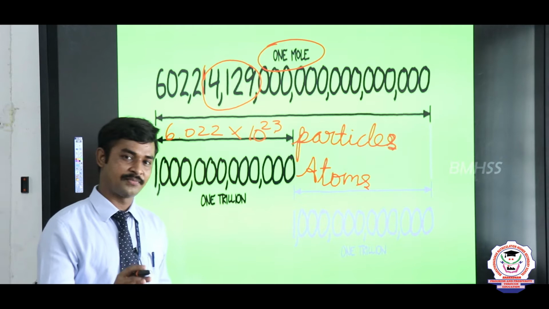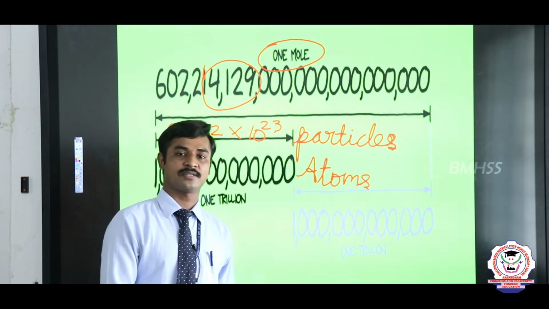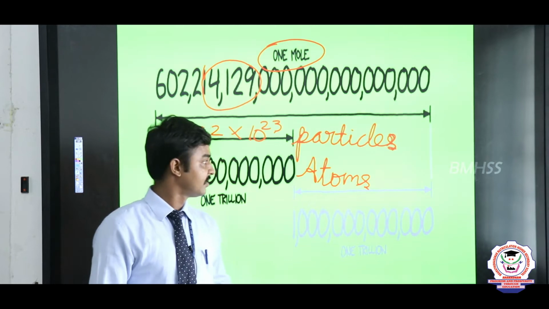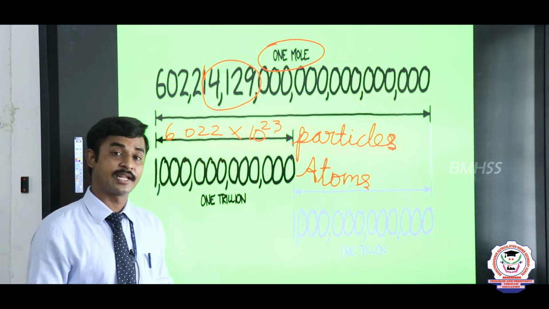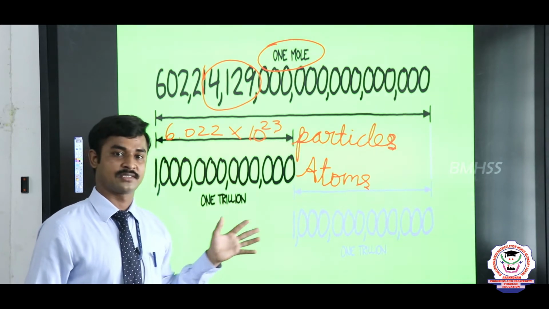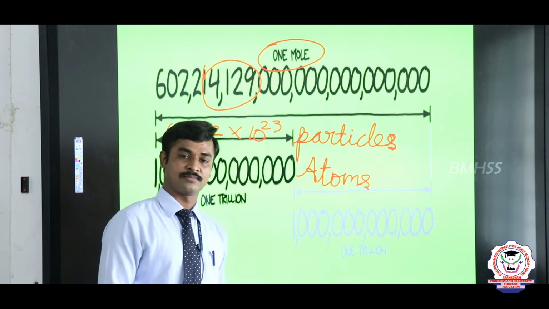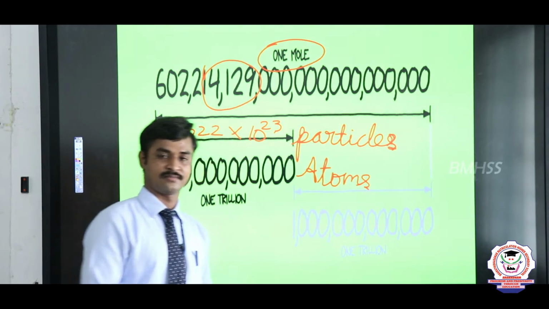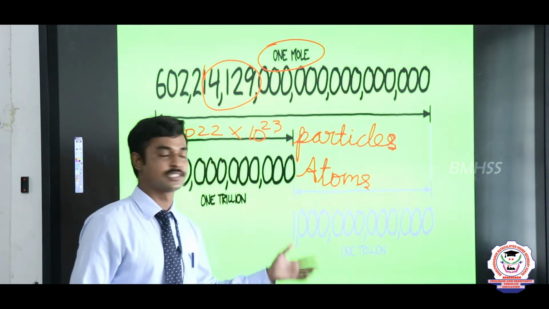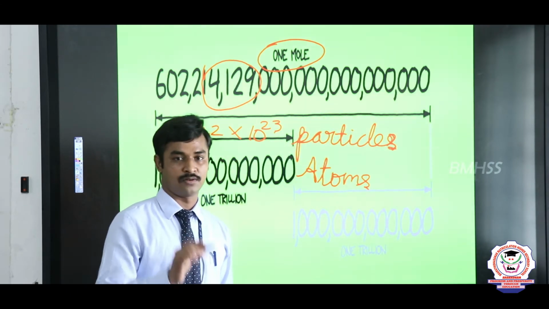The accurate value is the decimal number, and the rounded value is approximate. That value is decided by this mole weight. The mole weight of an atom is its atomic weight.